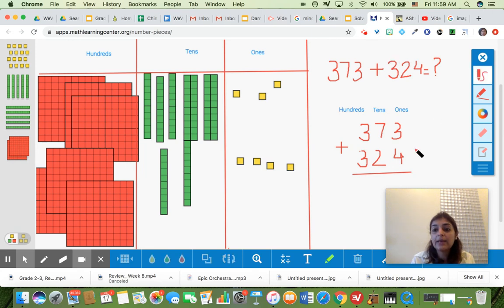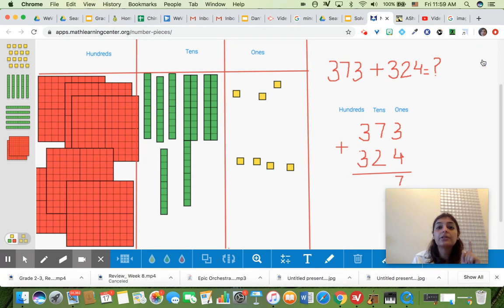So we will write down 3 plus 4 is 7. Now we are going to add the tens. That's the next step. 1, 2, 3, 4, 5, 6, 7, 8, 9.